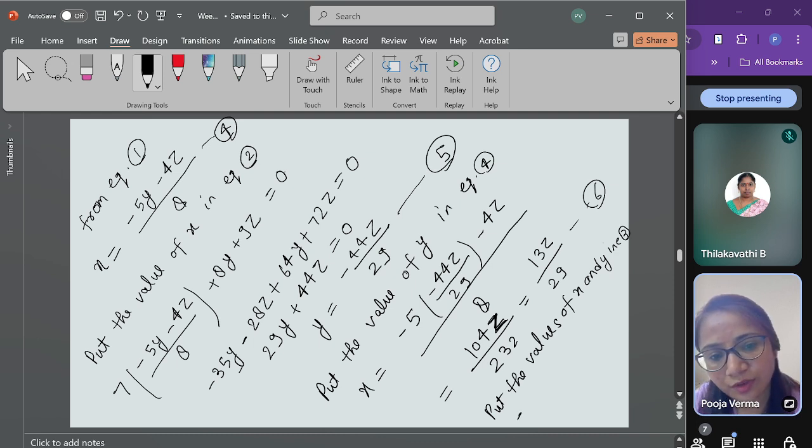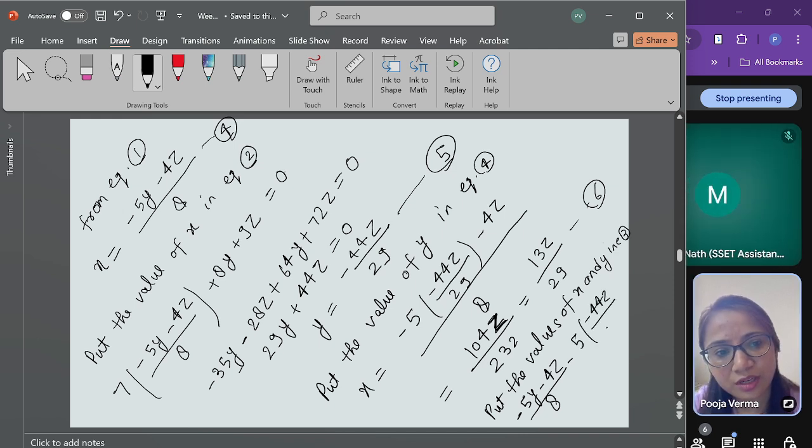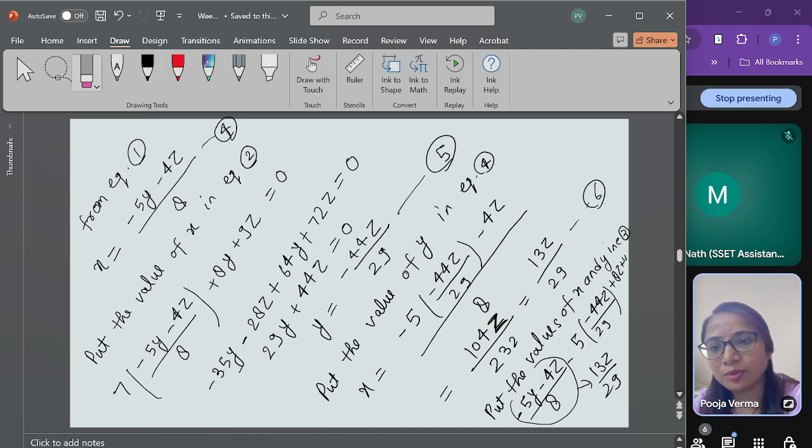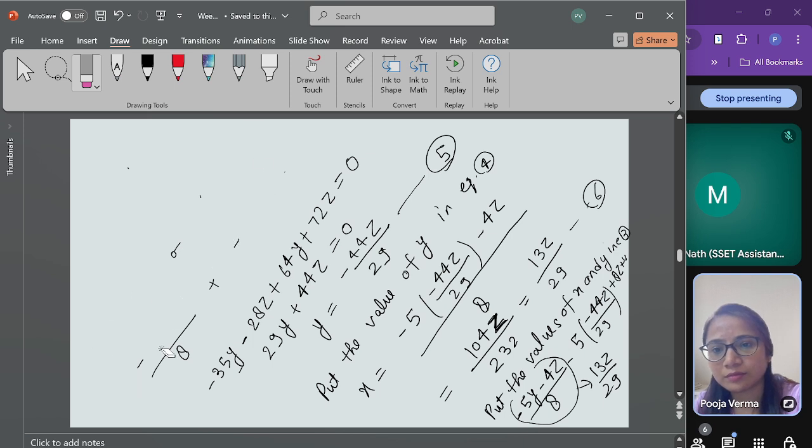So here you will get minus 5y minus 4z divided by 8, minus 5 times minus 44z divided by 29, plus 8z plus w. Or you can directly write x, which we have already solved, as 13z divided by 29. I'm just removing these values from here so that we can solve it.